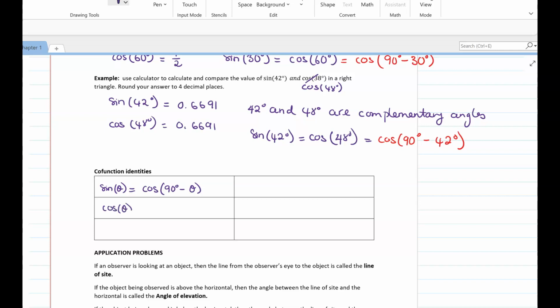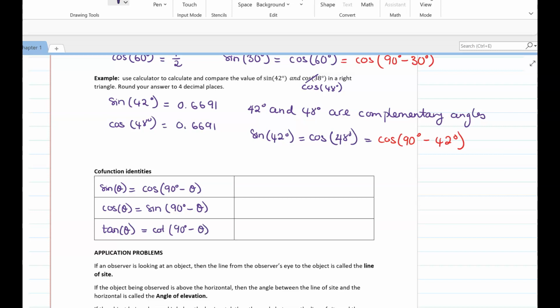Cosine of theta equals sine of 90 degrees minus theta. Tangent of theta is equal to cotangent of 90 degrees minus theta.